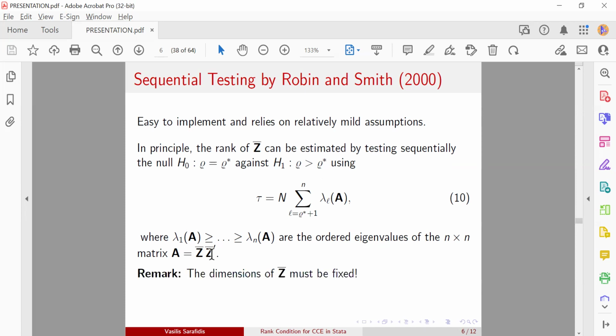Now notice that for this method to work, one requires that the dimensions of Z bar are fixed. Clearly in our setup, this assumption will be violated when t is large, because Z bar is of order t by k plus 1, and therefore the number of rows in Z bar actually grows together with the sample size.